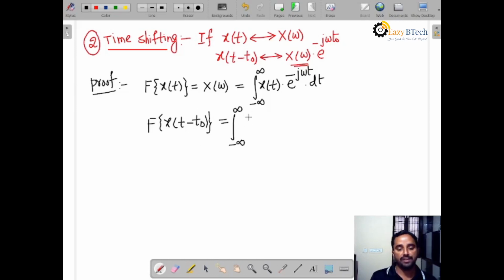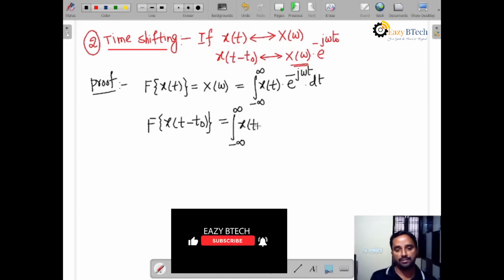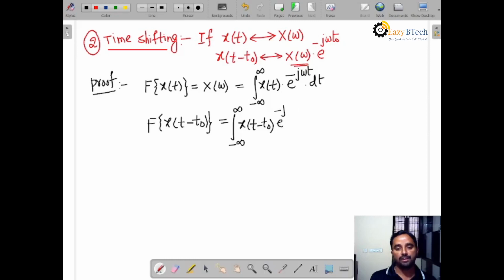Integral from minus infinity to plus infinity. Here, whatever signal we have, that we take. So x of t minus t naught into e to the power minus j omega t dt. That's all. So here the bracket t minus t naught, I am going to take as a variable p.